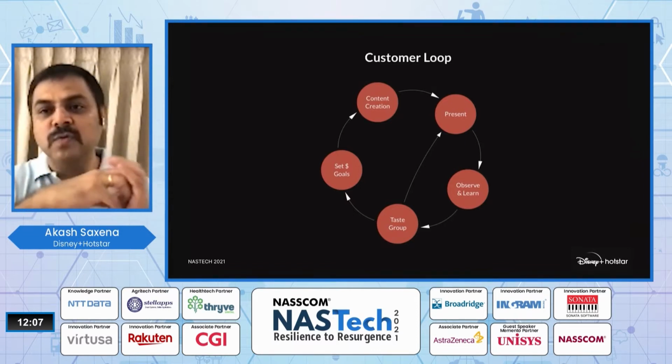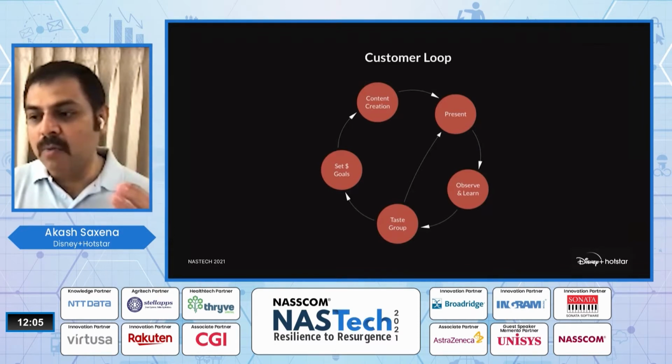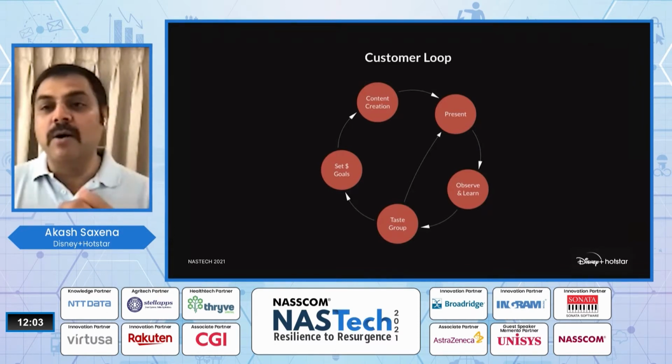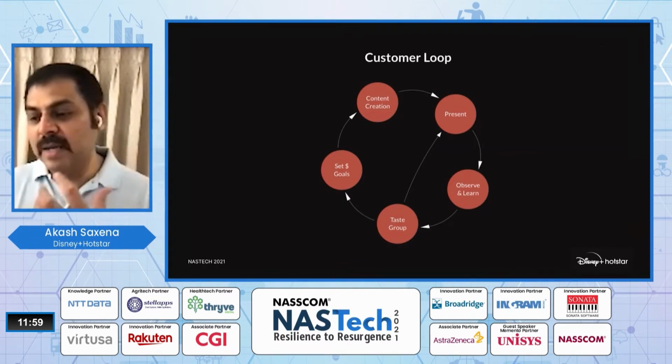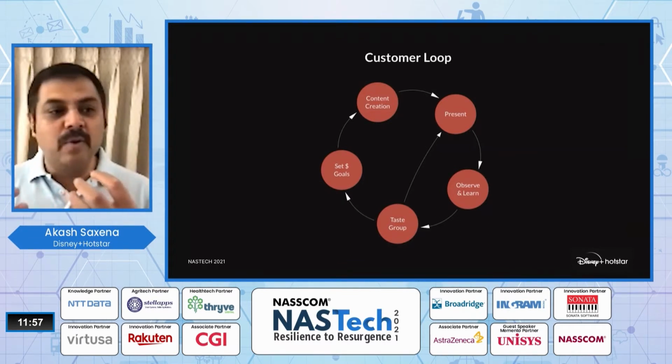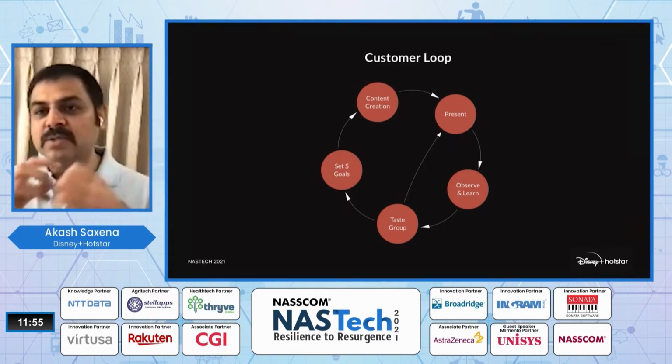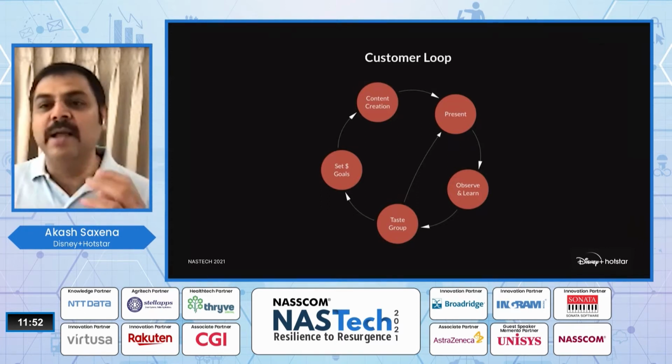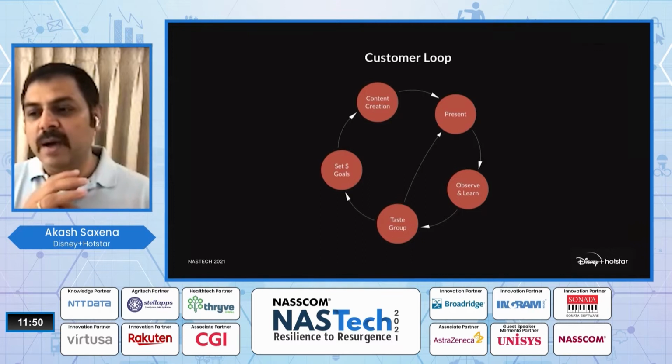This information also feeds into how we think about creating the content, or what sort of goals we set for every customer. So you can get really deep. Each customer has a life cycle on the platform.